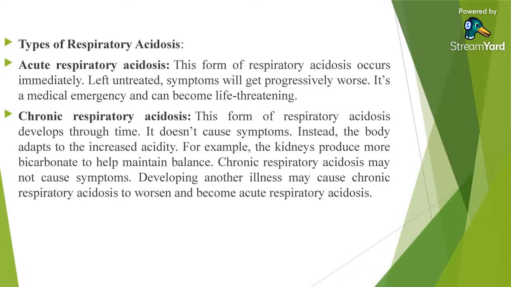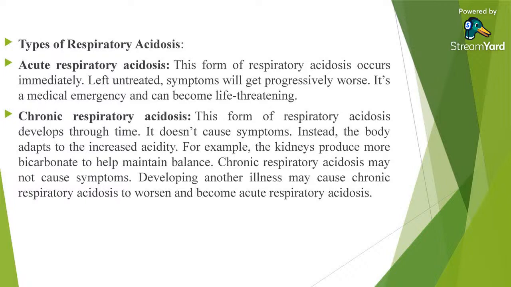So, what is acute respiratory acidosis? It is a form of respiratory acidosis which occurs immediately, and if left untreated, symptoms will get progressively worse. It's a medical emergency and can become life threatening. Chronic respiratory acidosis is a form of respiratory acidosis that develops over time.